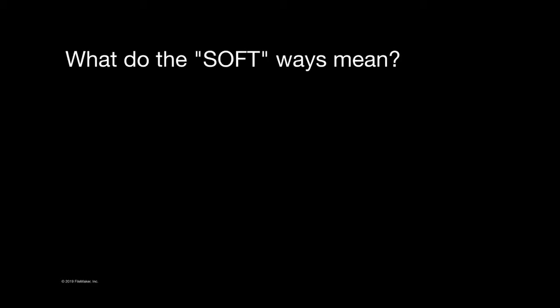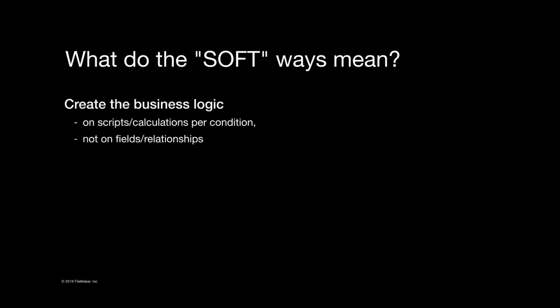Then let's talk about soft ways. What do the soft ways mean? It's thinking about how we avoid the disadvantages of hard ways. Not creating schema like fields or relationships per condition, per business logic, but creating scripts or calculations instead.